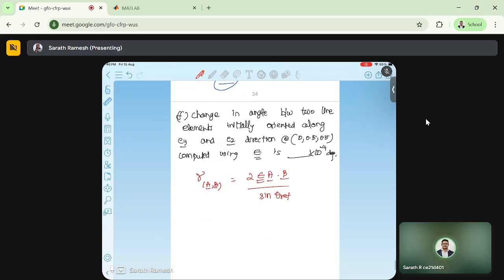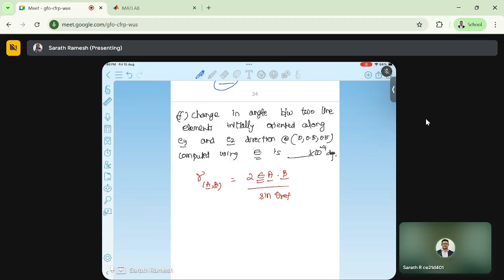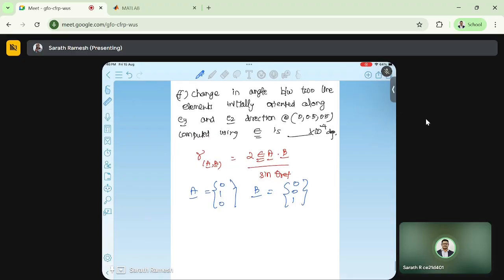In this problem, A is equal to 0, 1, 0 and B is equal to 0, 0, 1. Sine theta ref is 1, because they both are mutually perpendicular, so the angle between them is 90 degrees, and sine of 90 will be 1.